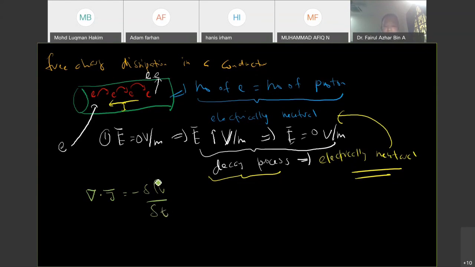By using several mathematical techniques we can solve this expression, then we will have rho V(t) is equal to rho V naught exponential of minus t divided by tau, where tau is known as the relaxation time constant.